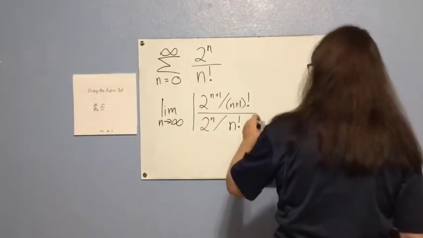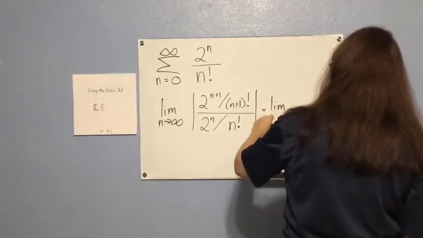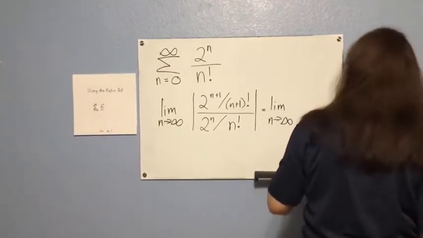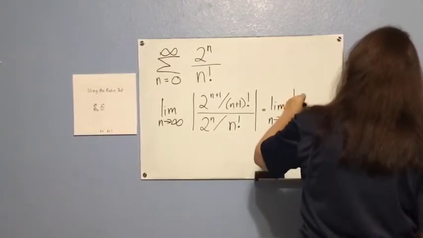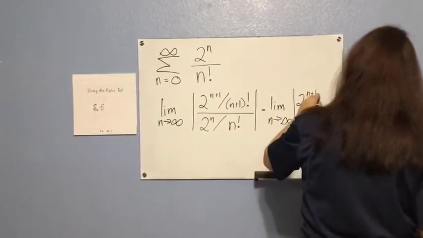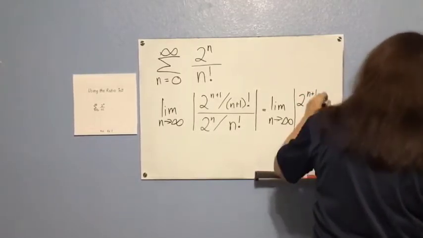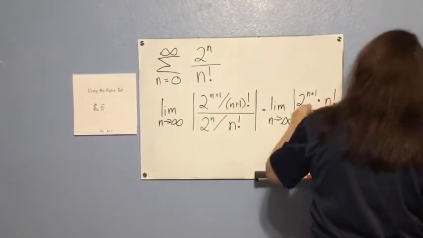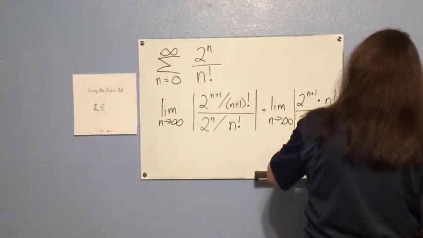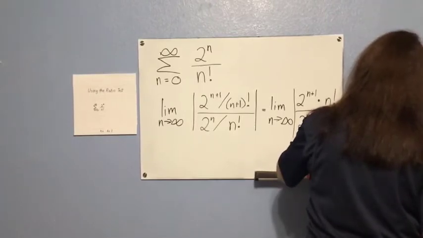Okay, we can kind of sort this out a little bit, and write 2 to the n plus 1 times n factorial over 2 to the n times n plus 1 factorial.